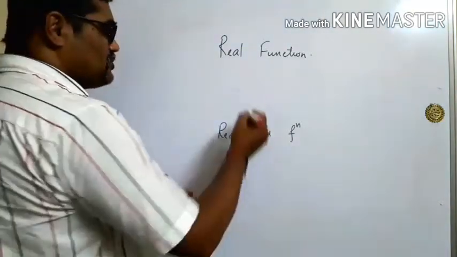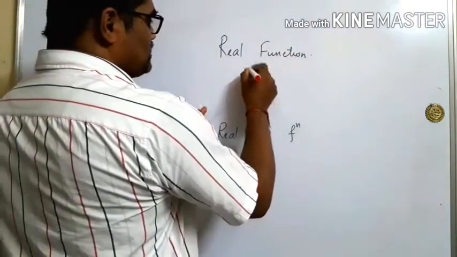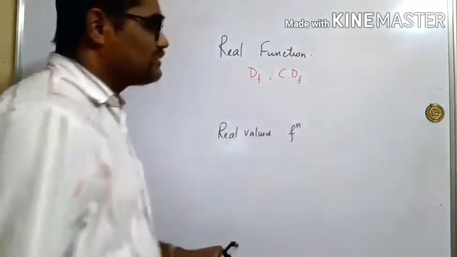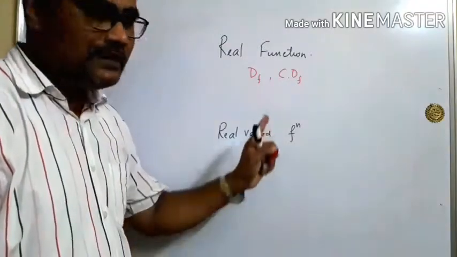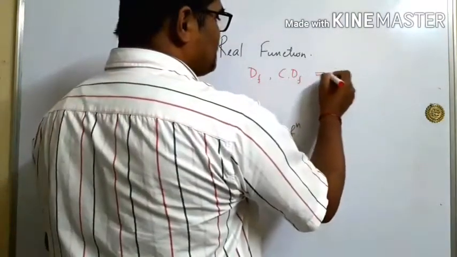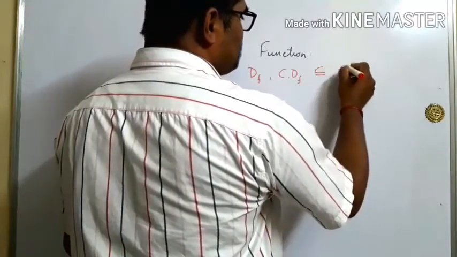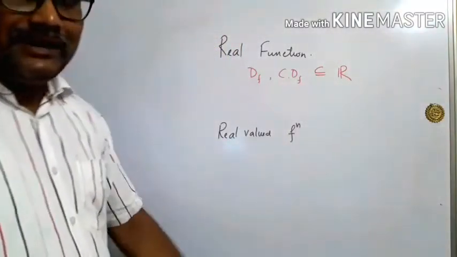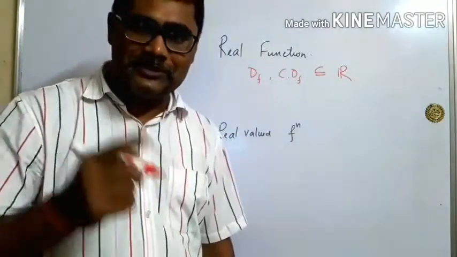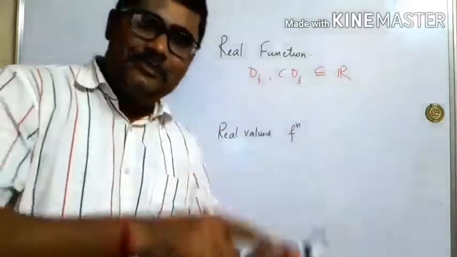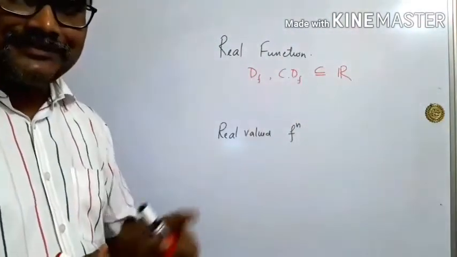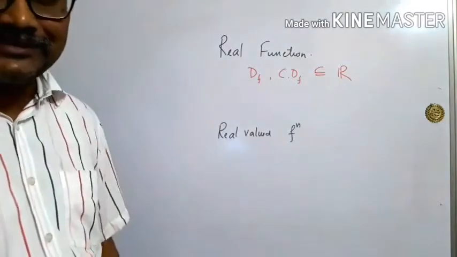Real functions are those whose domain and codomain, I have written the short symbols, are subsets of real numbers. I have written subset, which means sometimes they may be equal also, that's not an issue, maybe the whole of the real numbers, but they may be a part of the real numbers. If both are, then it is a real function.